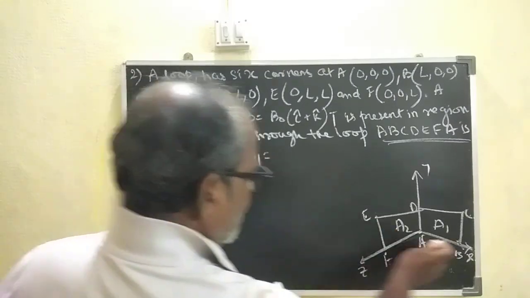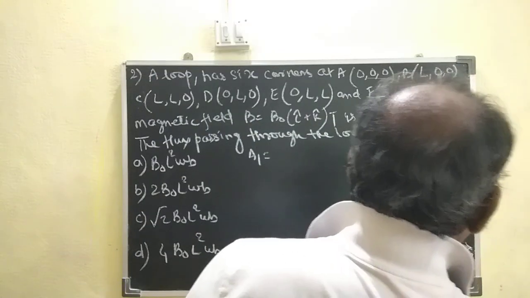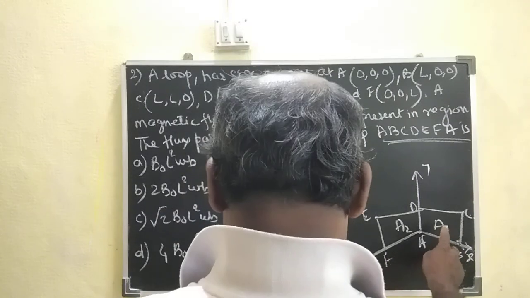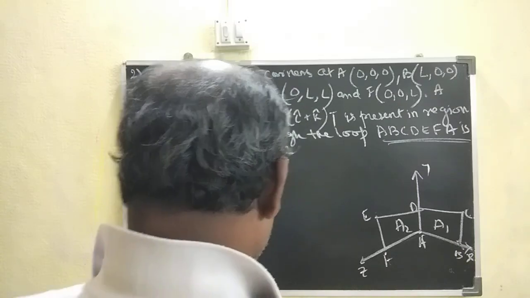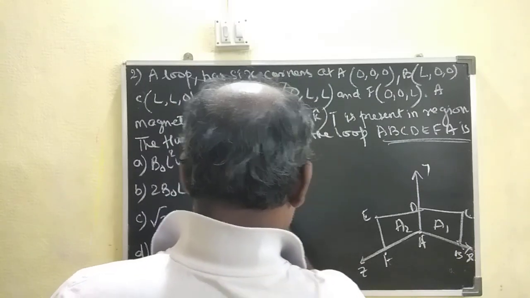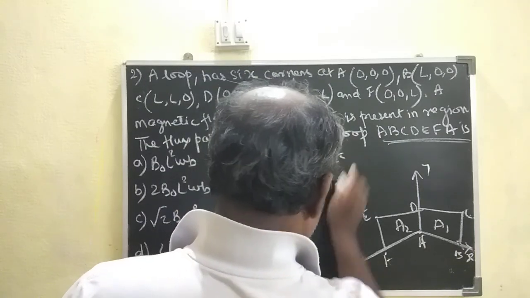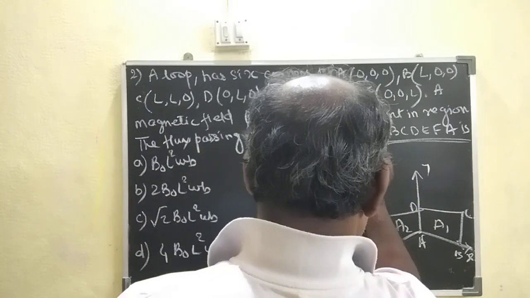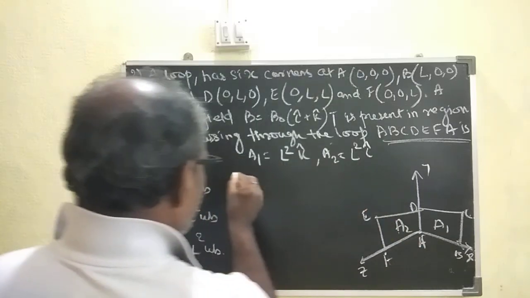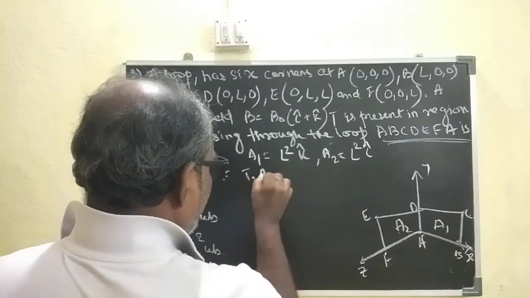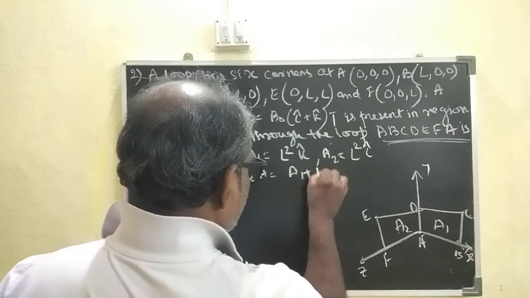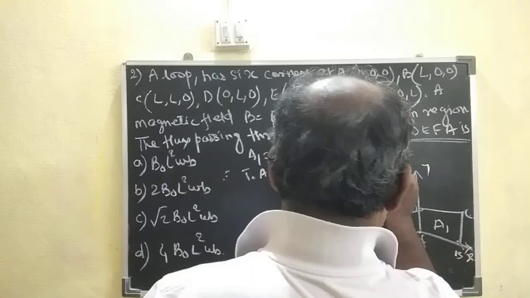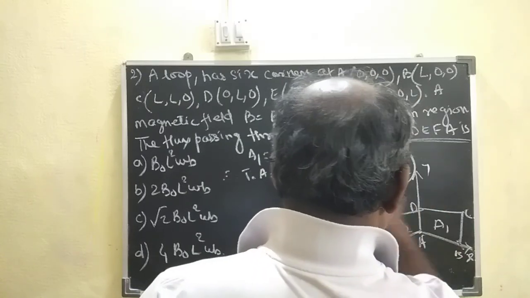Area A1 is in the XY plane, so this is L square K cap, and A2 is in the YZ plane, so A2 equals L square I cap. Therefore, total area equals A1 plus A2, which gives L square I cap plus L square K cap.